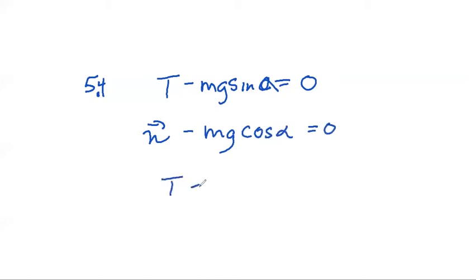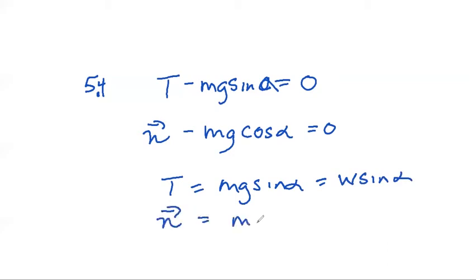So the tension simply equals mg sine alpha, which your book calls weight sine alpha. And the normal force equals mg cos alpha, or weight cos alpha. That was 5.4.